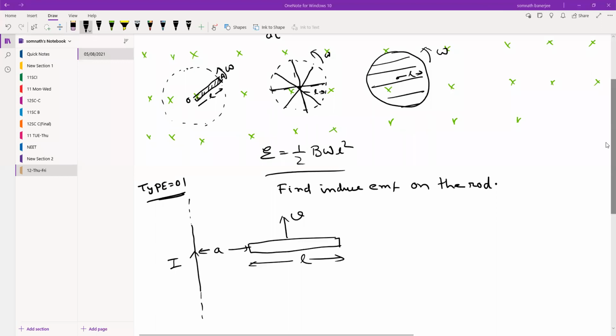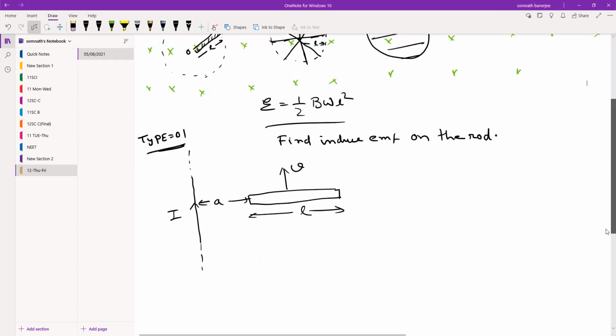Anyone tell me what is the answer? Anyone?